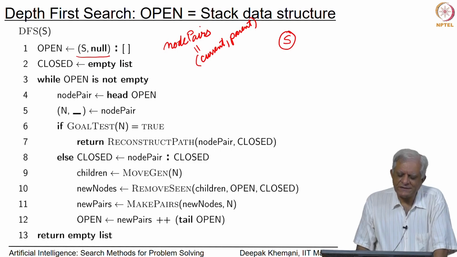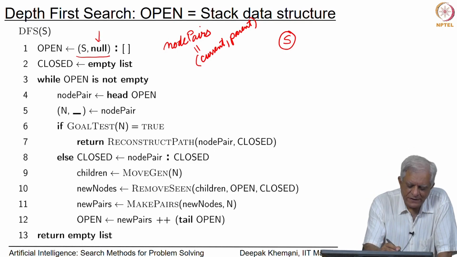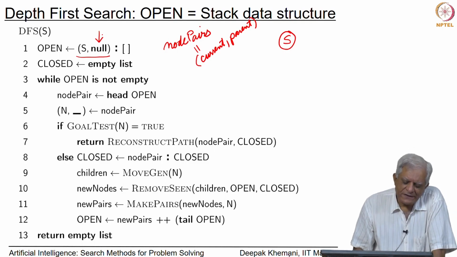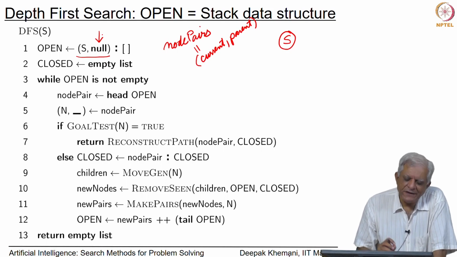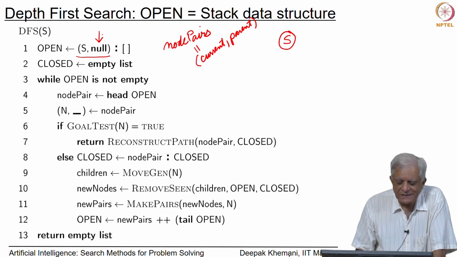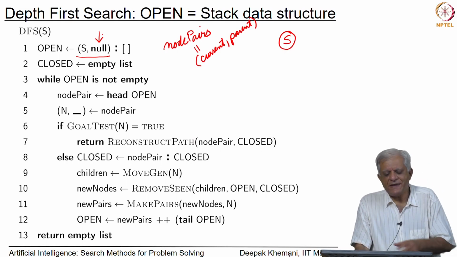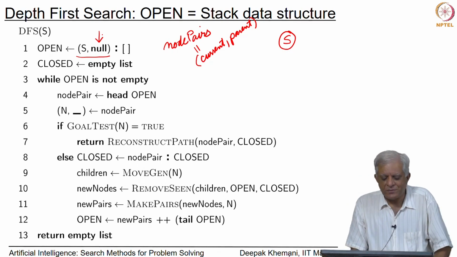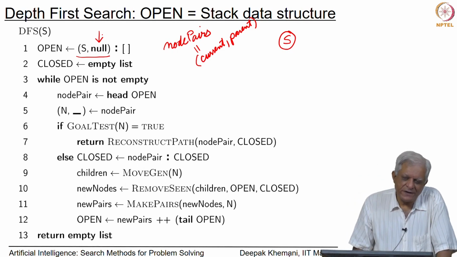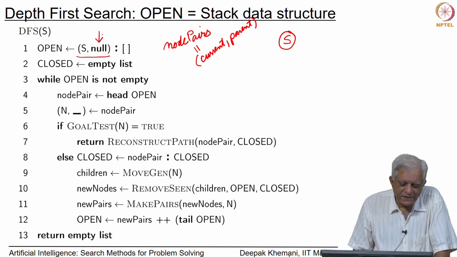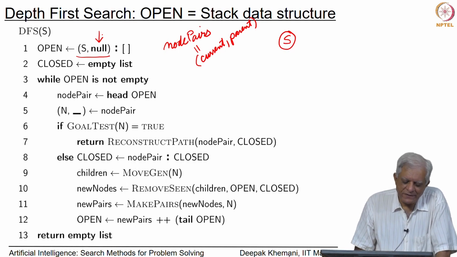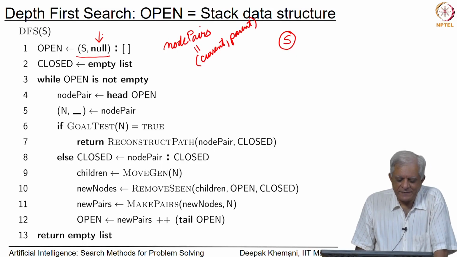But since this is a start node, we assume that it has no parent, and in fact, the algorithm for reconstructing the path will terminate when we reach the start node, because we will identify the start node by a node which does not have a parent. The name S is not meaningful; as you know, in programming languages you can give a name to anything, it is the meaning that is important, and in our case the start node will be identified by a node which has null as a parent node.